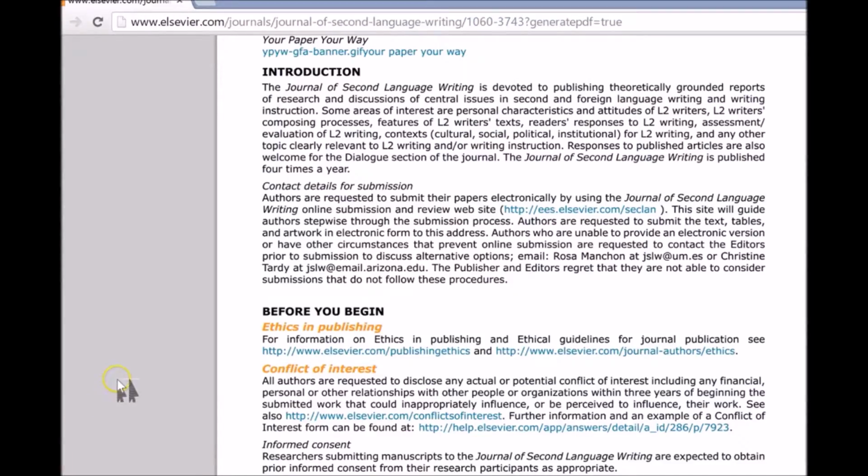There's an ethics consideration. This has become very critical because there are so many ethical issues. Journals are worried about conflicts of interest. Now, again, these are the kinds of things that you may need to detail to the editor in a separate cover letter that you would send with them.